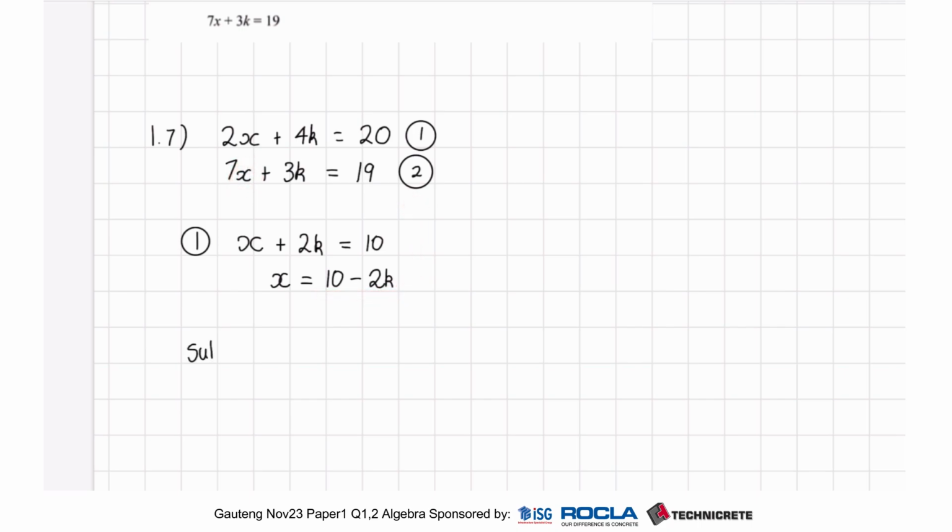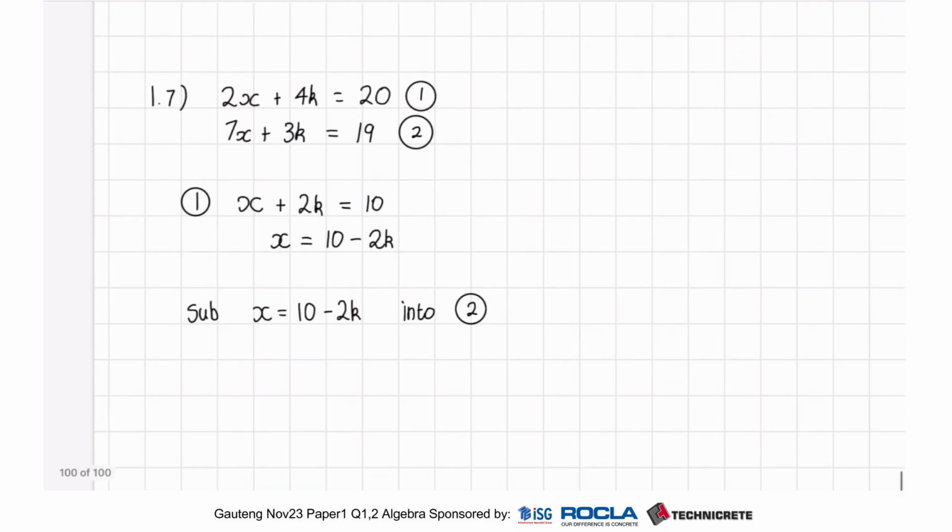So I'm subbing my expression for x, 10 minus 2k, into equation 2. So I'll have 7 times 10 minus 2k plus 3k equals 19.